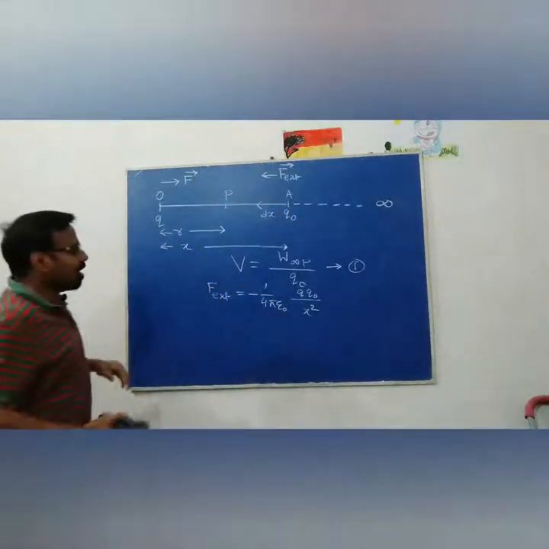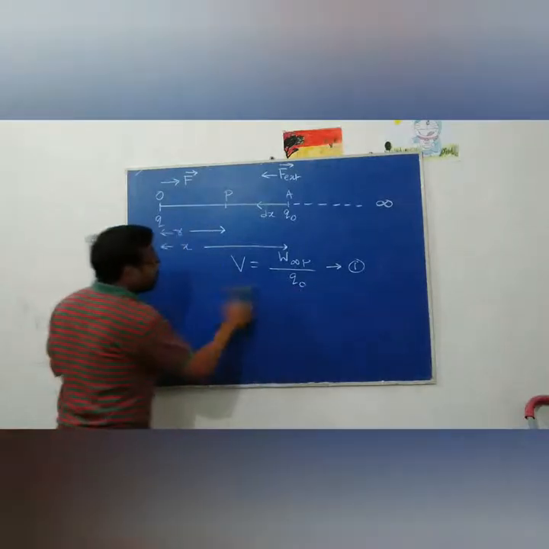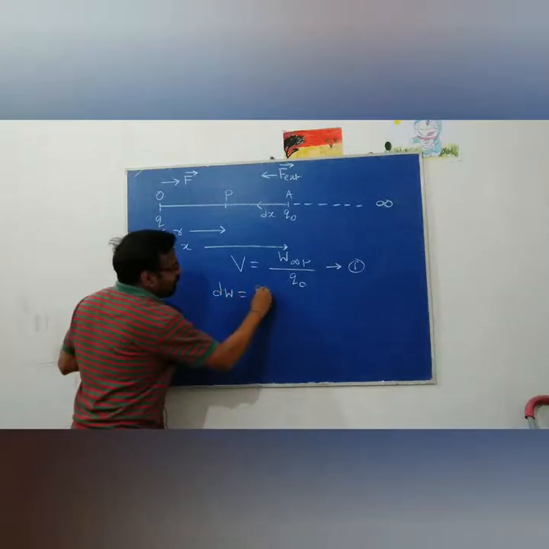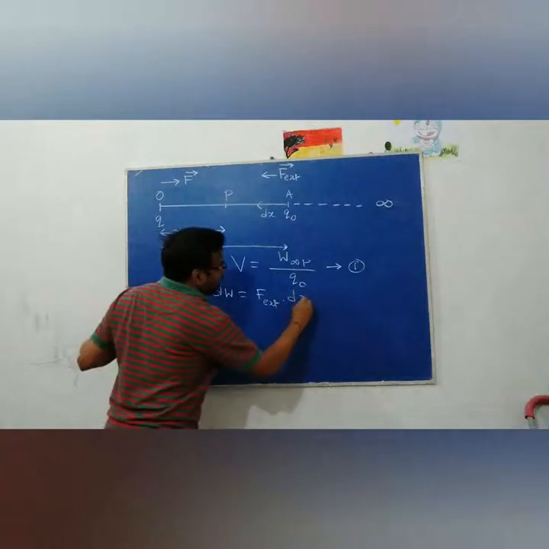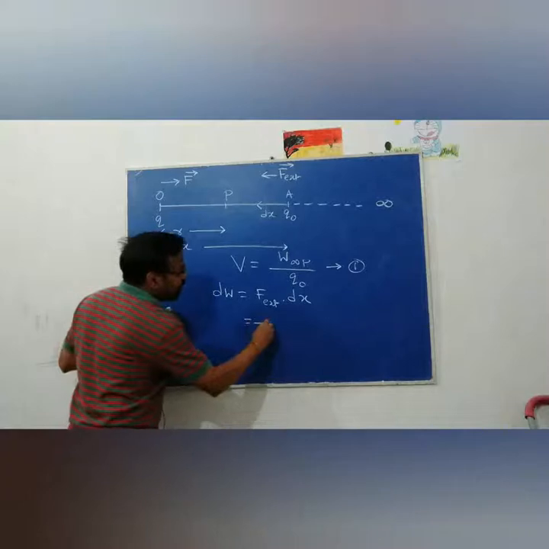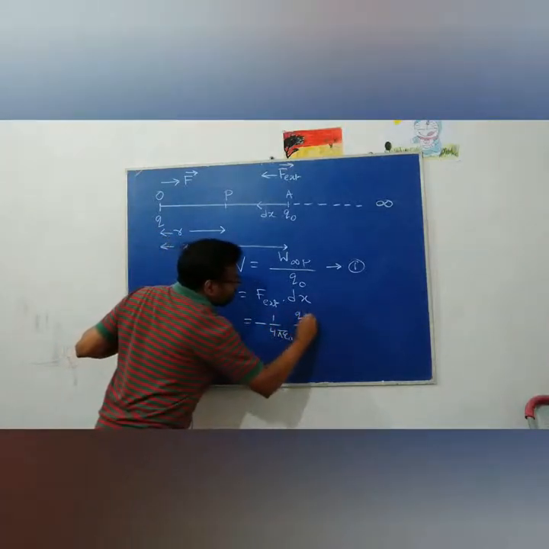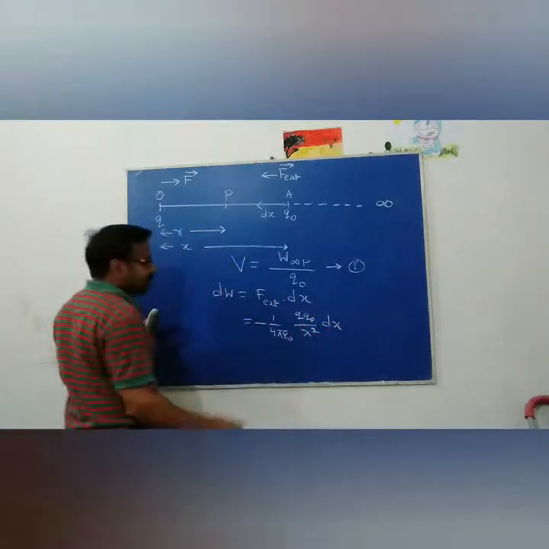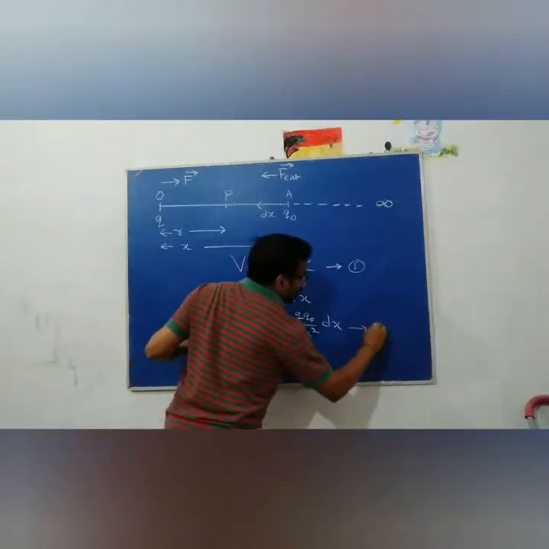For that, work done will be dW equal to F external dot dx, and what is the value of F external? That is minus 1 by 4 pi epsilon naught Q Q naught by x square dx. So we consider this as equation 2.